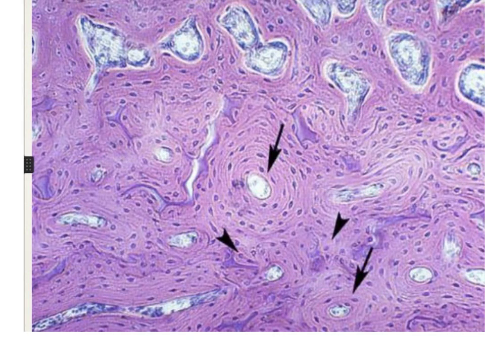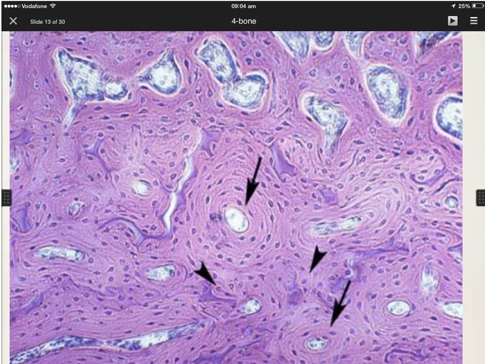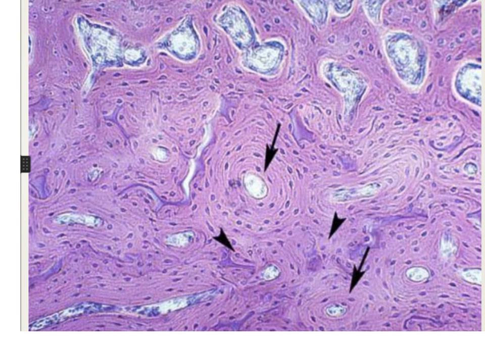This is a very nice picture. You here can see the Haversian system. This Haversian system is formed of Haversian blood vessel surrounded by concentric bony lamellae, and here we have the interstitial lamellae.